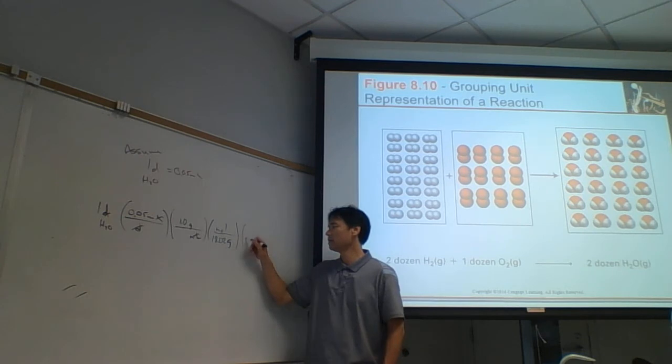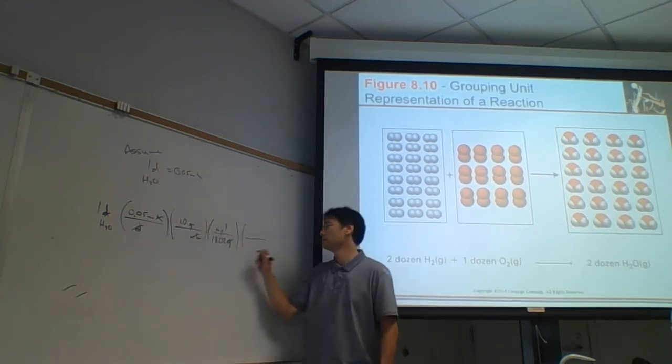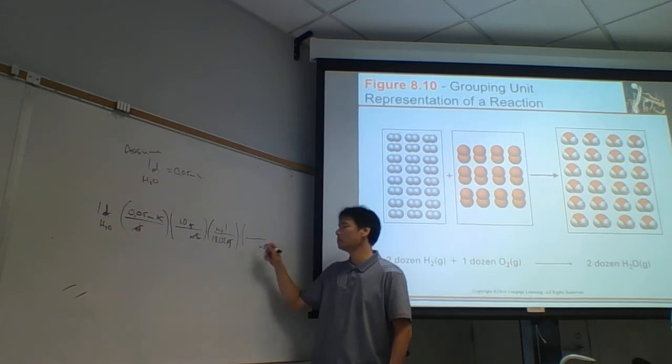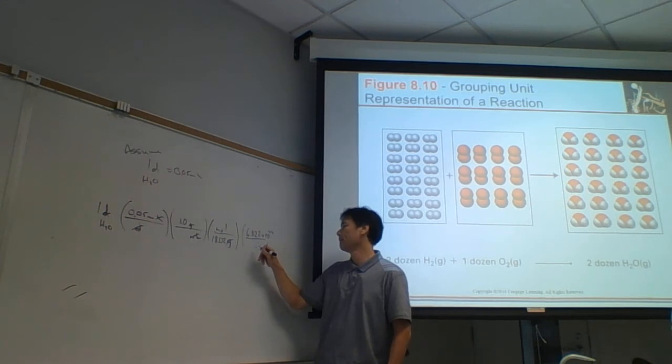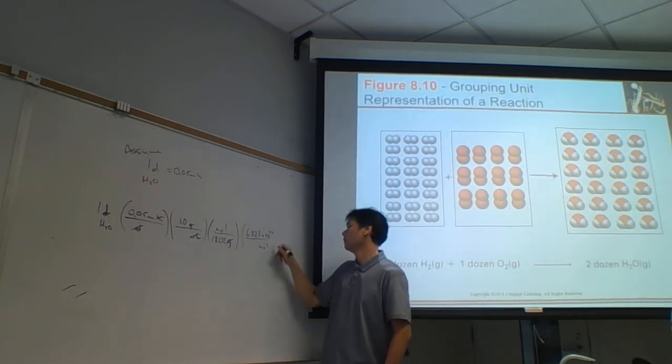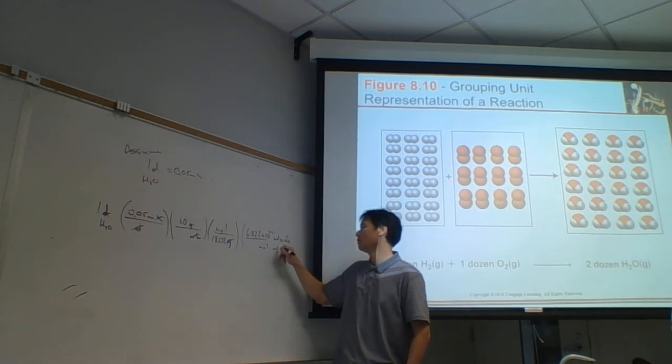Okay, now give me the 6.02. Because now we want to get rid of moles. There are lots of different ways we can go from moles, but the most convenient would be 6.022 times 10 to the 23rd molecules per mole of molecules.